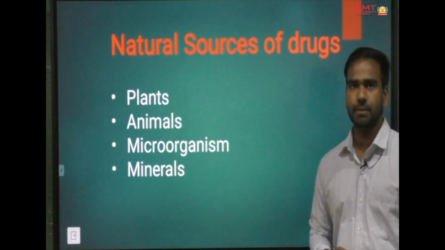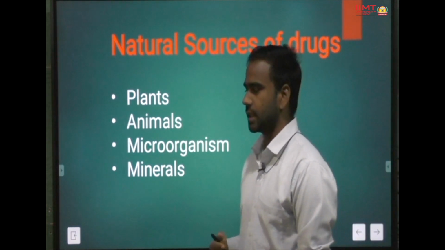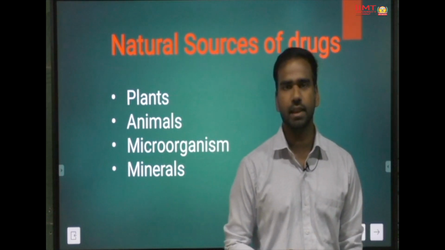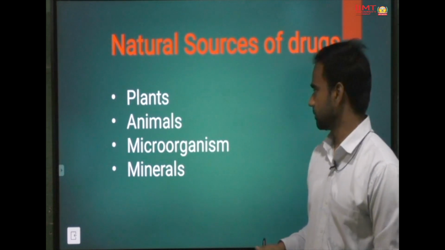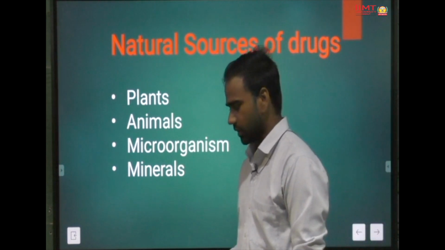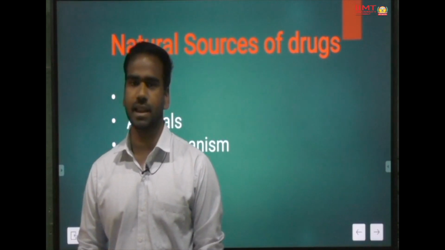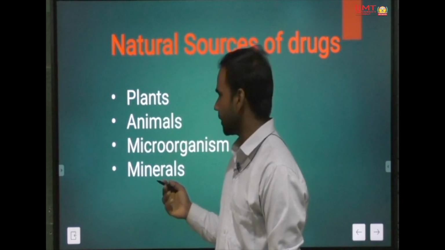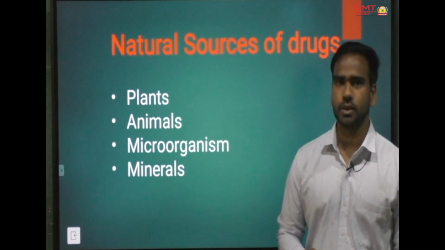Microorganisms also play an important role in the development of vaccines, drugs and antibiotics that have been used abundantly for combating any antibacterial or viral disease. Minerals are also playing an important role in the human body and in combating different pathophysiological states.